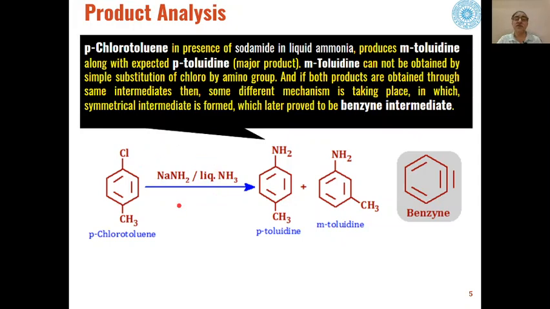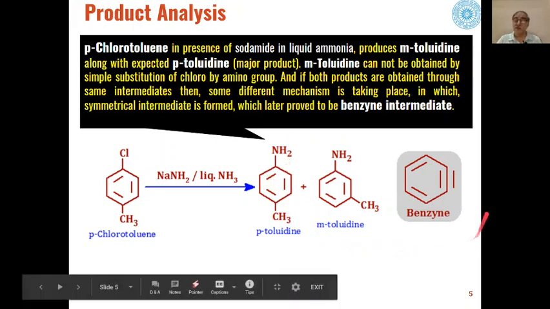There is some intermediate involved, which is a symmetrical intermediate, and that intermediate can lead to the formation of two products when the nucleophile attacks it.